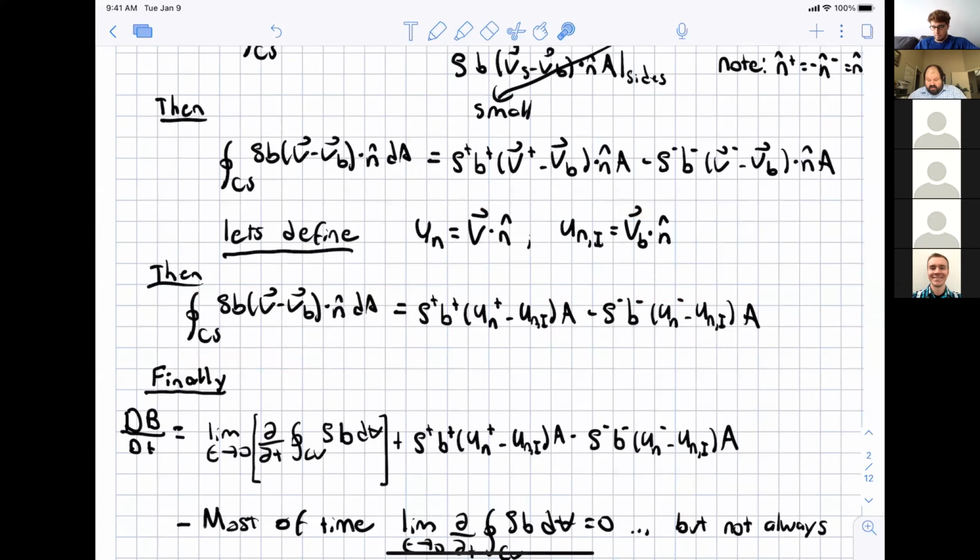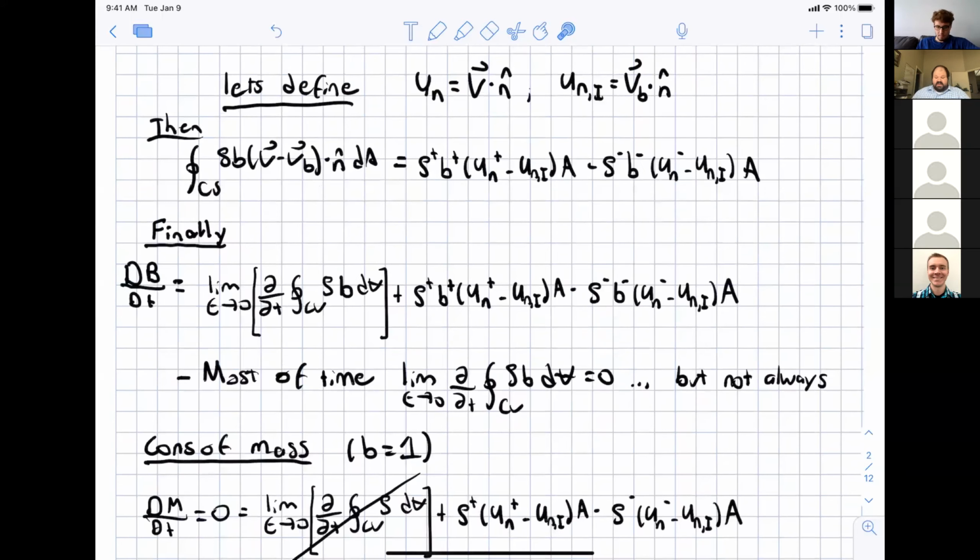Okay, and these are all multiplied by some area A. In most cases, we will not need to know what that is because it will basically cancel out. Okay, so finally, our modified RTT is this here.